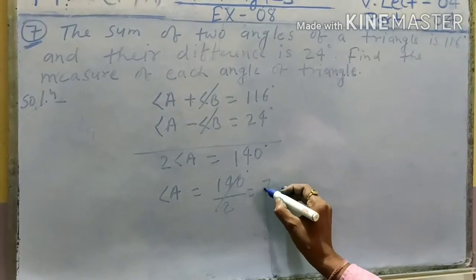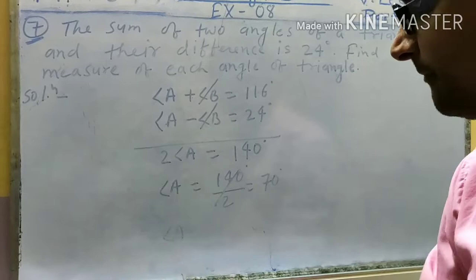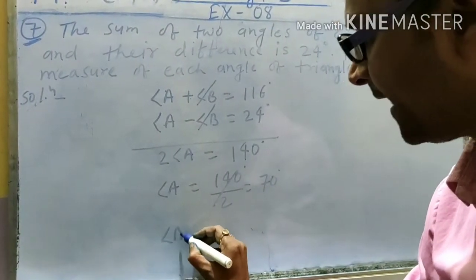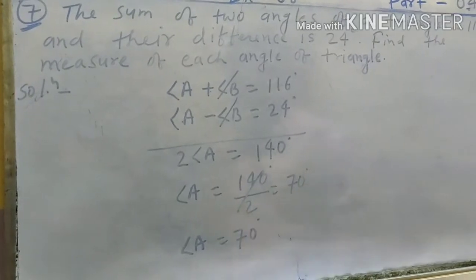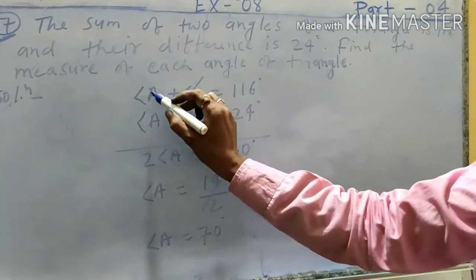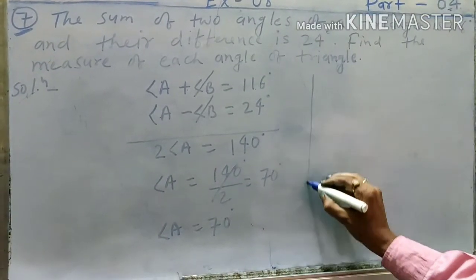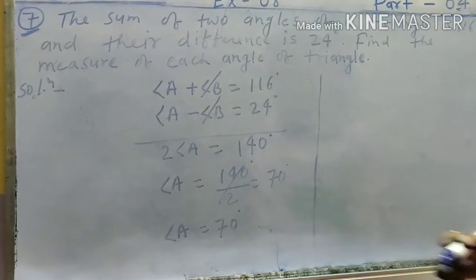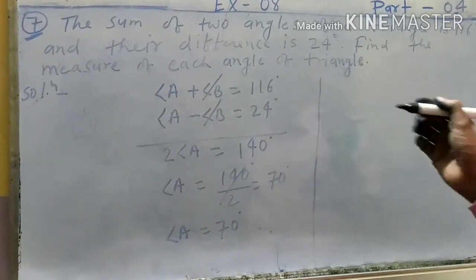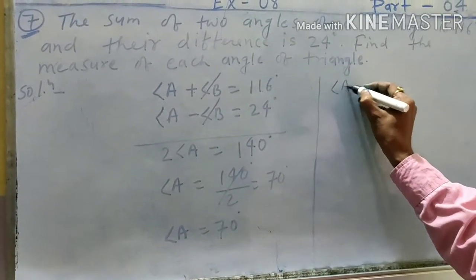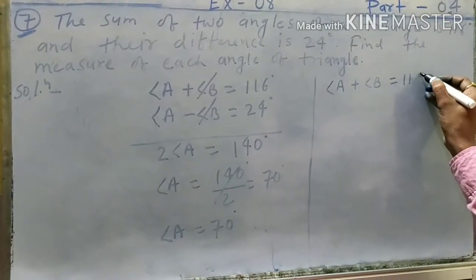So here, student, 70 degree. So angle A is equal to 70 degree. Okay, we know that angle A plus angle B is equal to 116.